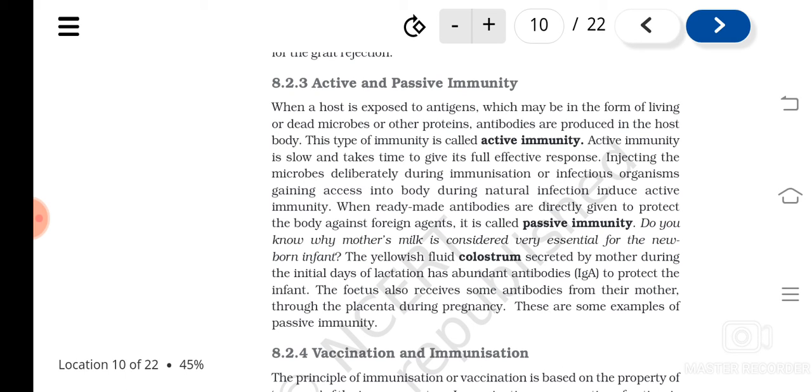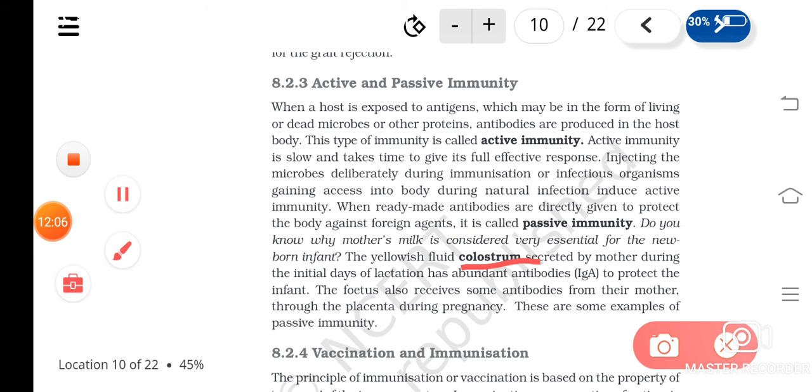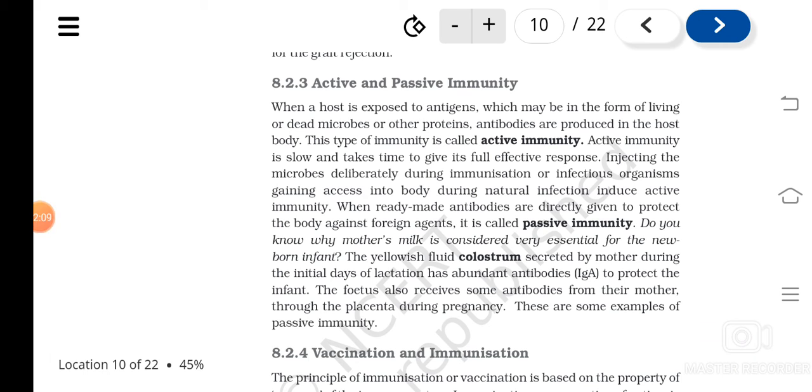Is it clear? Then have you heard about colostrum? We have studied it in the reproduction chapter, isn't it? So what is colostrum? It is secreted in mother's milk, and this contains abundant IgA antibodies that give immunity to the child.